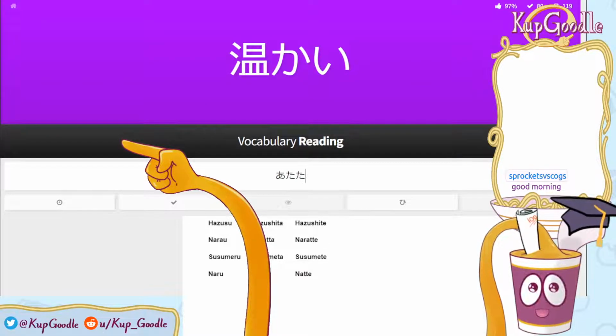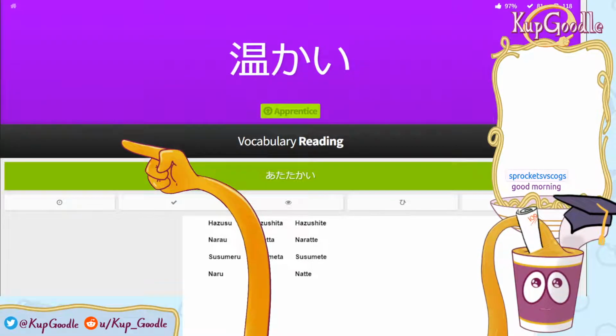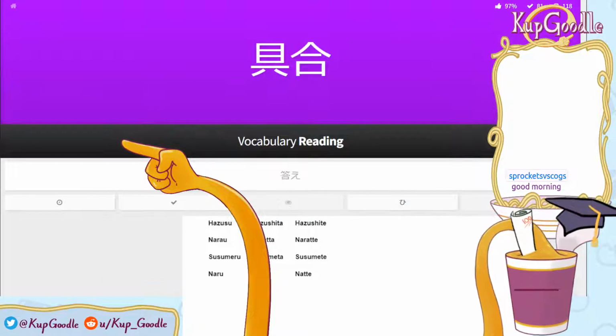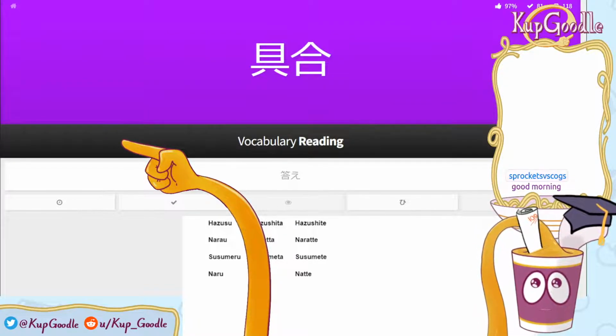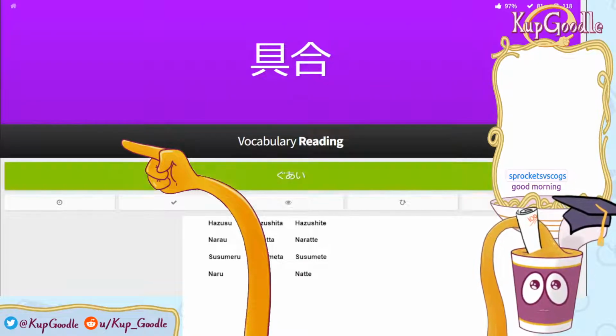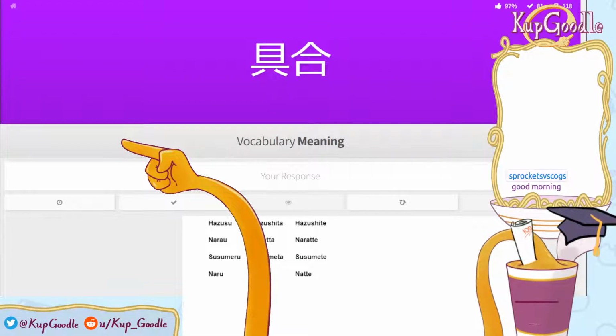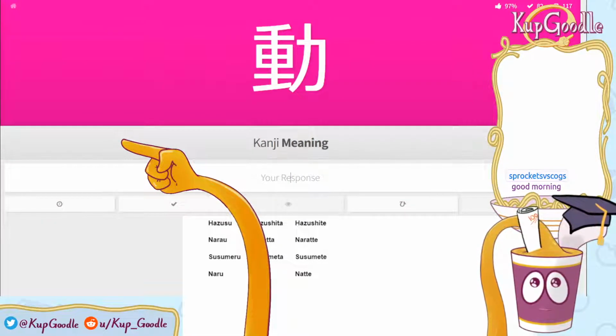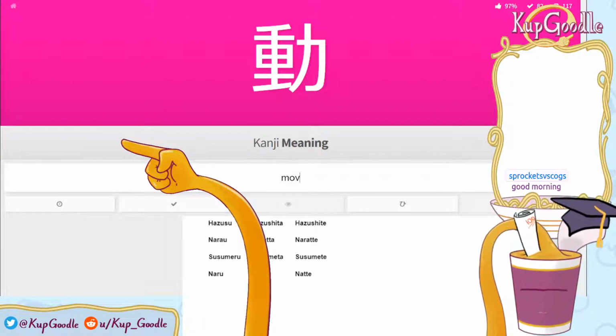Atatakai. Atatakai. Reading, that's dope. That's movement. Guai. We have a guai, we have a bad condition. Status condition. Your health. Meaning move.